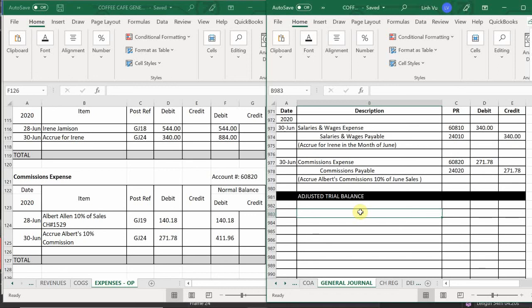Do the same thing that I did: copy the paper from the unadjusted trial balance, paste it into your adjusted trial balance, and try to compute it on your own and get your debits to match your credits. Monday I'm going to go over all the answers and do the adjusted trial balance so we can both match, and then we'll start the closing process on Monday.